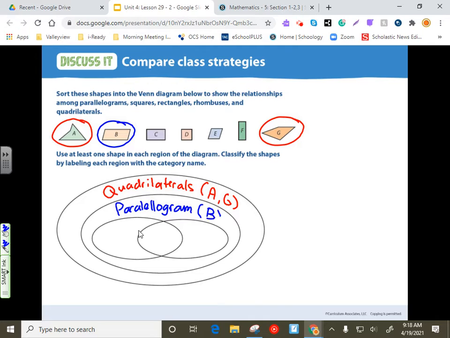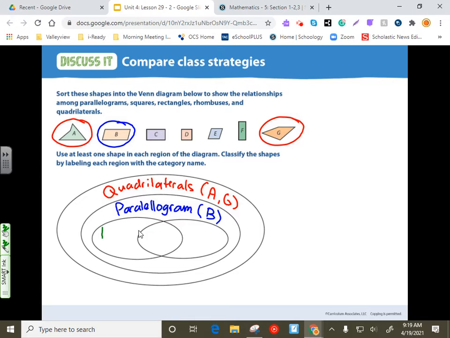And that's B. And this leaves me with these shapes at the end here. And notice we've got these two ovals in the Venn diagram that are overlapping each other. That means something here in the center is going to have the same with both sides.